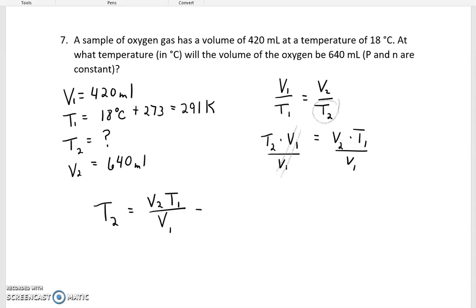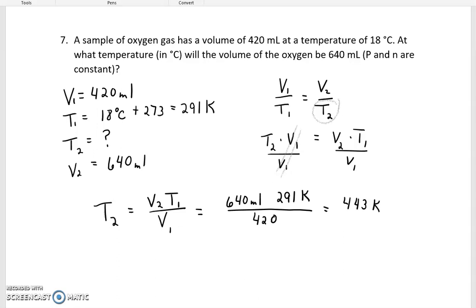Okay, and then we can just substitute in. V2 was 640 milliliters. T1 is 291 Kelvin. And V1 was 420.